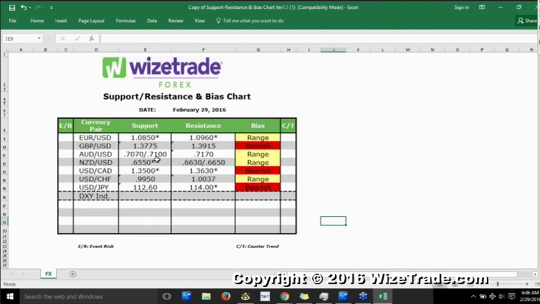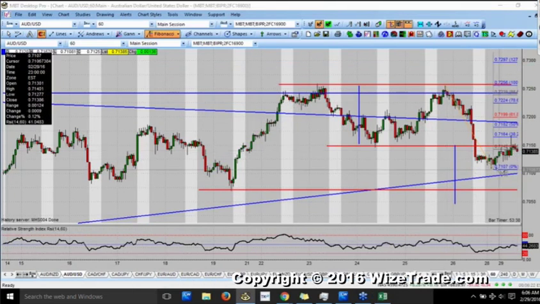All right, so we have 70.70 and then 71 cents. It's actually 71.05, but whatever. It's right here, which is support. Below that is 70.70, and then below that is 70.50. So it's a few levels of support for the Aussie.